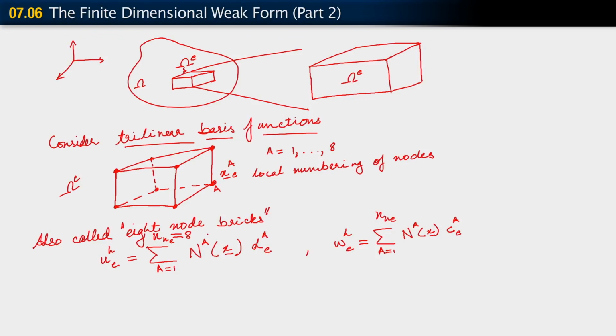Now, if you think back to the way we proceeded in 1D, we took our physical element and regarded it as being obtained through a mapping from a so-called parent domain. We're going to do exactly the same here.